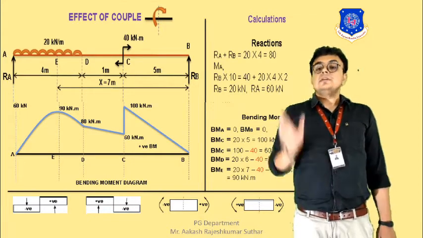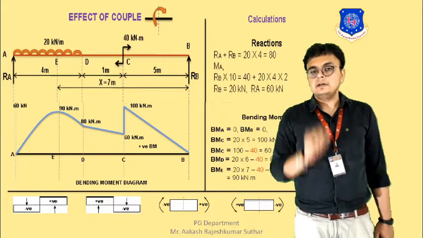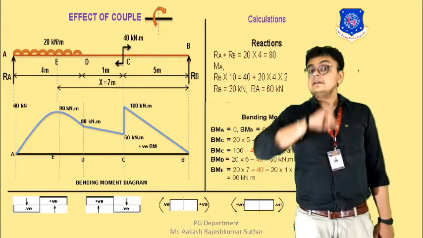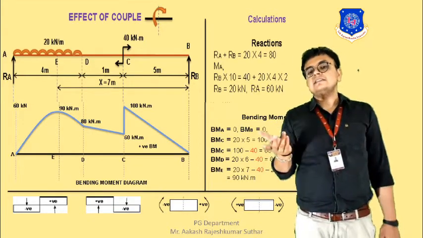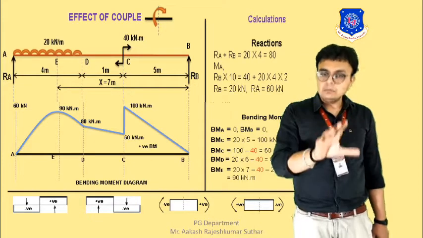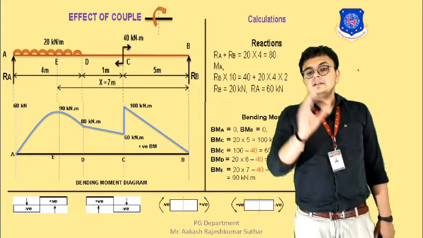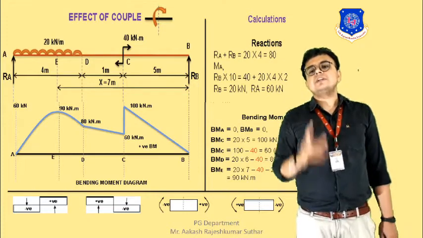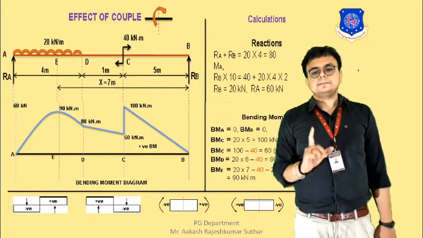Okay. Now we have the couple of 40 kN into meter. Okay. And that is in clockwise sign on the right hand side of the joint. So it will be negative sign. So bending moment at C just after will be equal to 100 minus 40, and it will be still a positive 60 kN into meter.